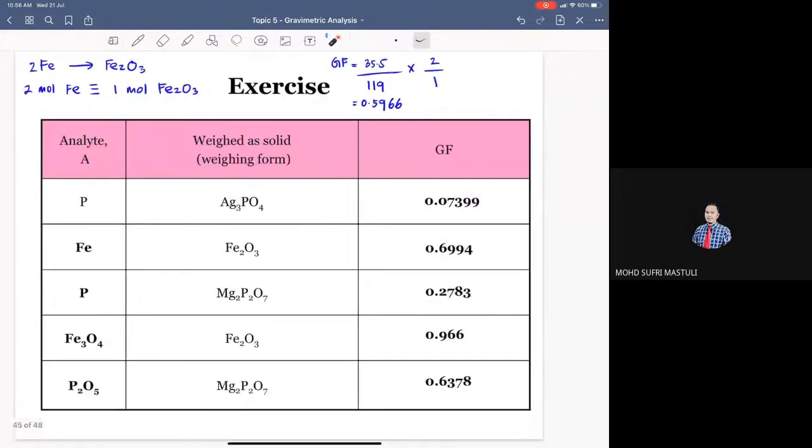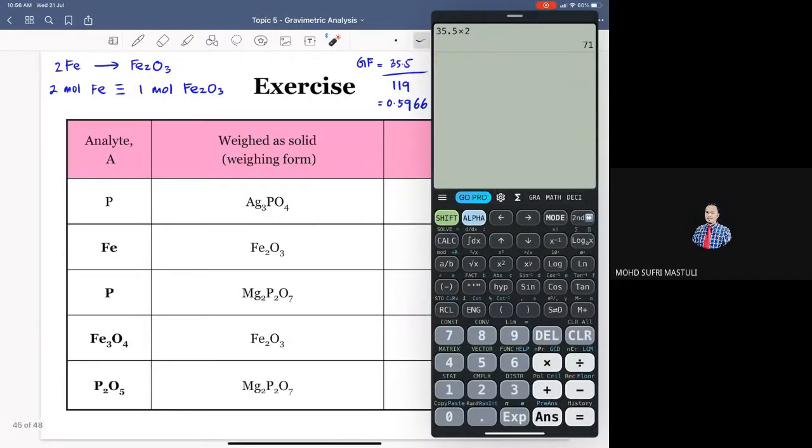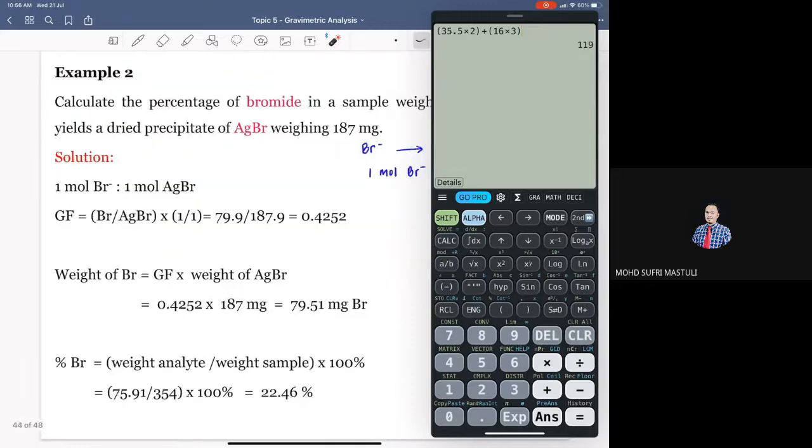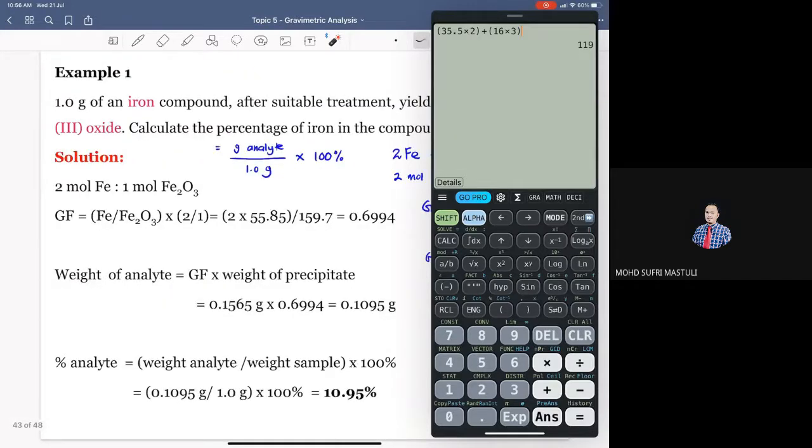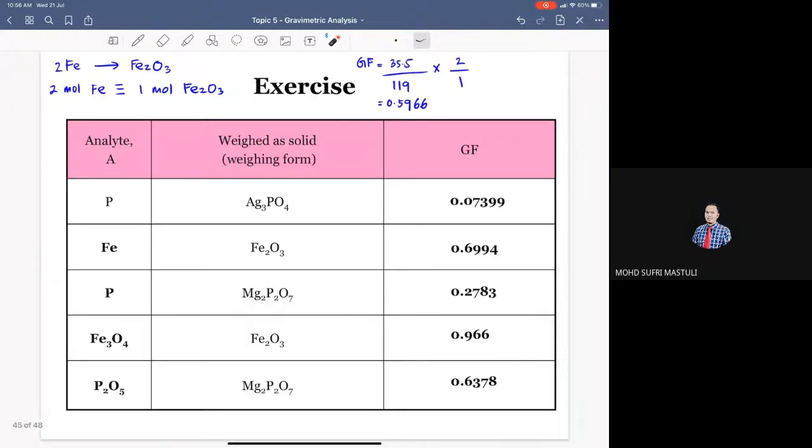Why did I calculate wrong? 35.5 times 2 plus oxygen, is it 16? Yeah, 16 times 3. If I replace it, 159.7. I don't know what's wrong with this one.